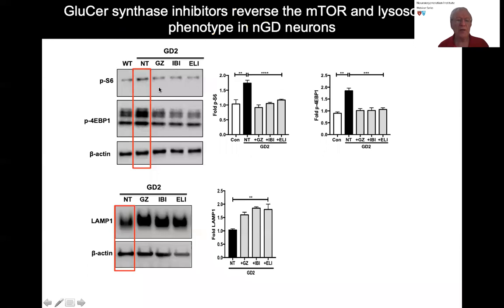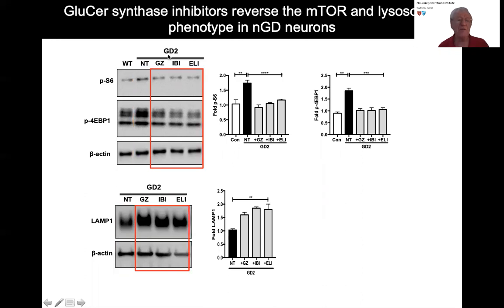So when we looked at GD2 and we look at the substrates of mTOR, phospho-S6 and phospho-4EBP1, there is an increase in GD2 compared to wild type cells. And there is also, in GD2 cells, lower LAMP1.